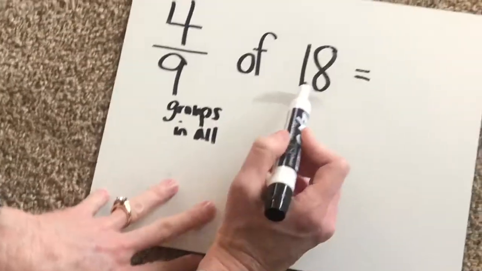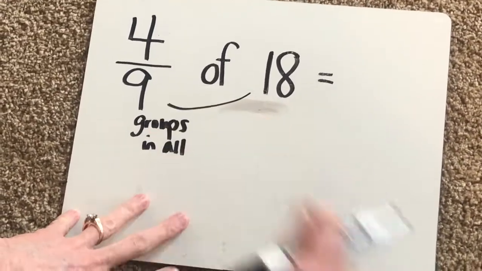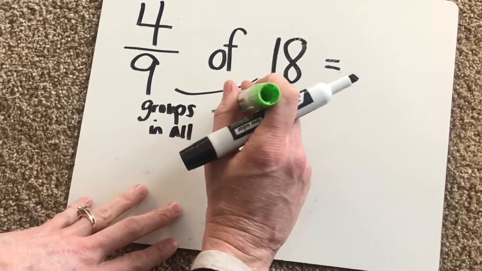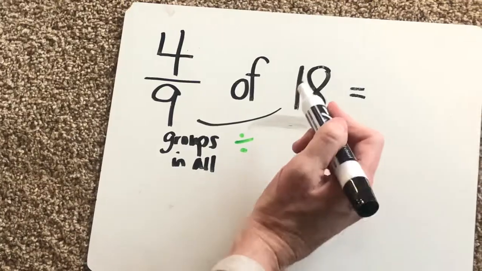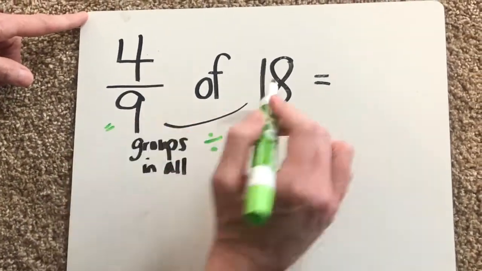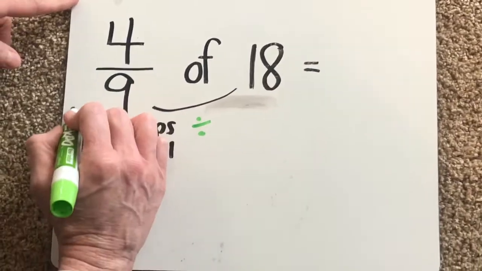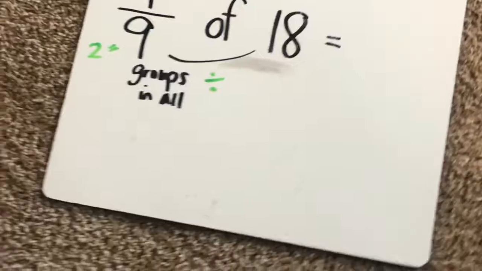So I need 9 groups in all. So I'm going to take those 18 objects and divide them into 9 groups. 18 divided by 9 equals 2. So I know that each group is going to have 2.